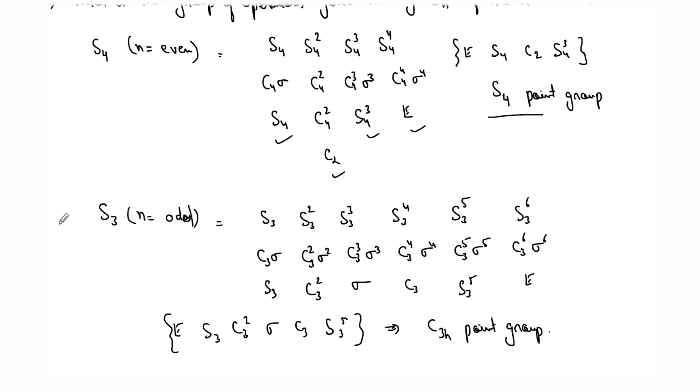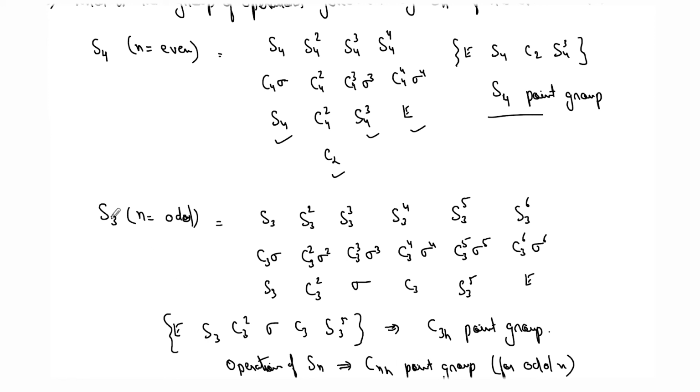Okay. So in general, we can say the operations of Sn, for odd n, will give you Cnh.